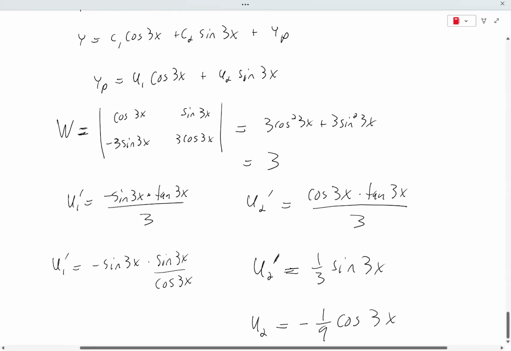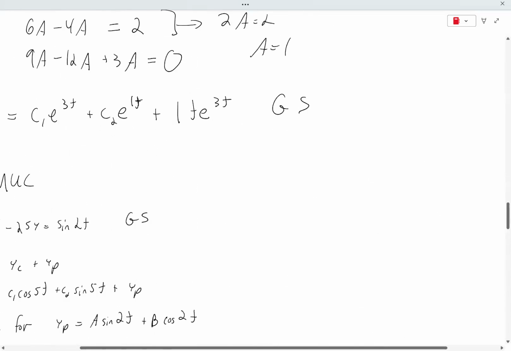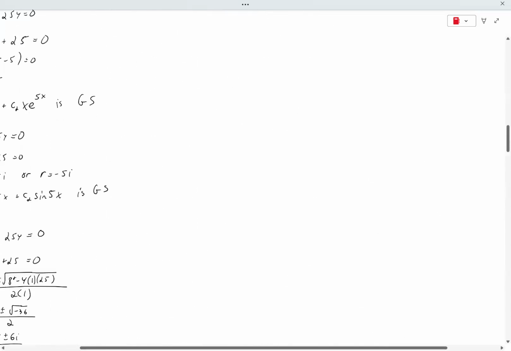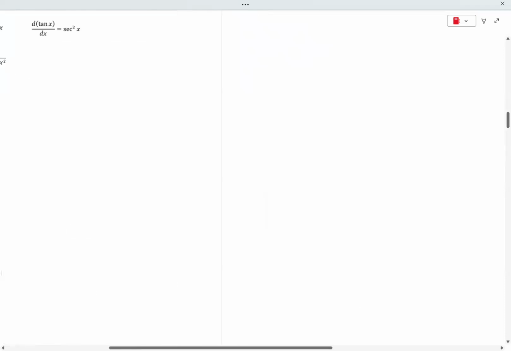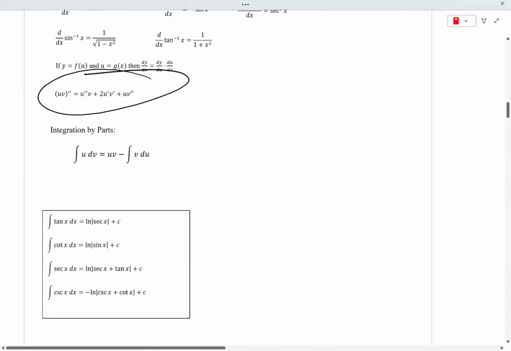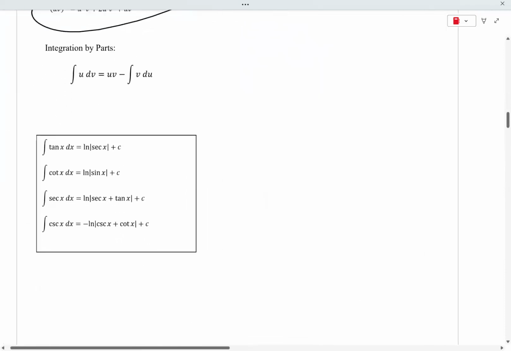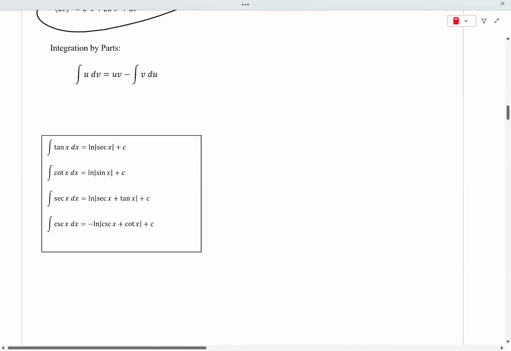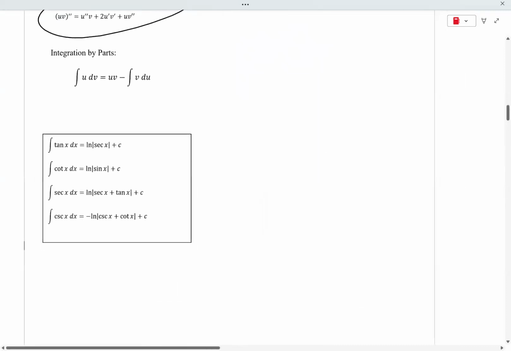That is sine tangent. So which ones did I give on the sheet? I gave a couple. Okay, so we had those 4. I don't think it looks like any of those actually.